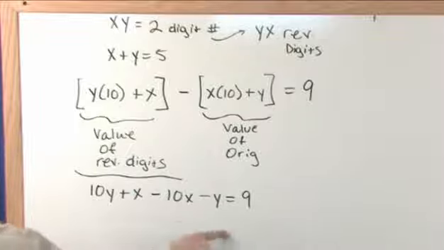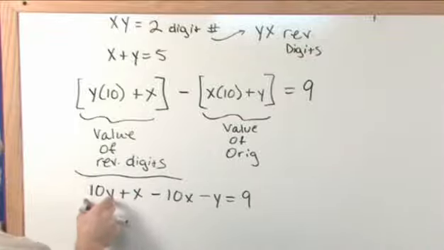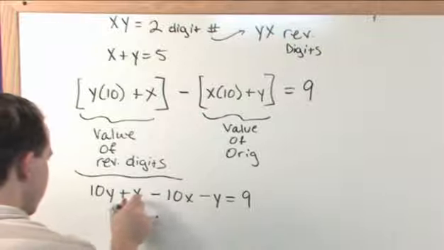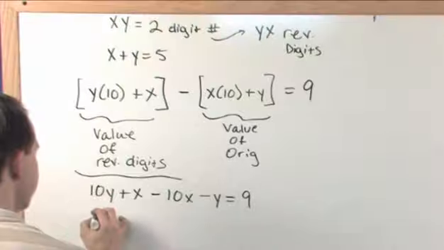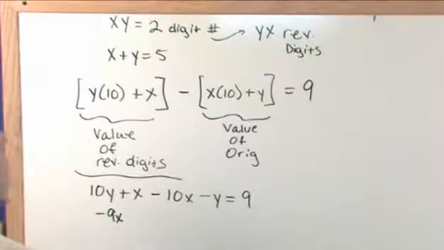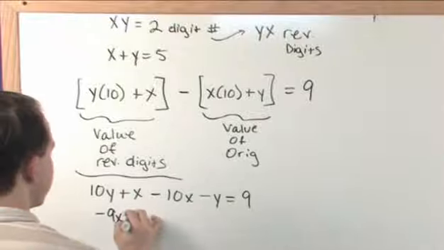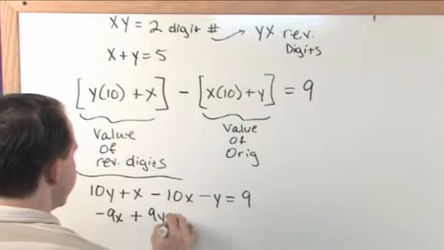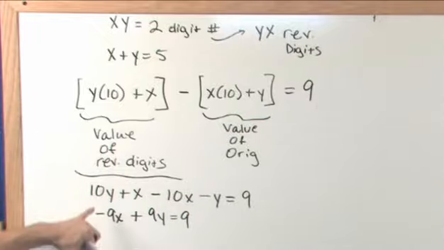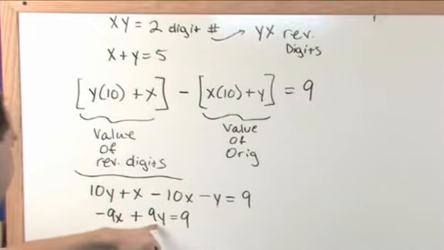Let's simplify: x minus 10x is negative 9x, and then plus 9y is equal to 9, because 10y minus y gives you 9y.